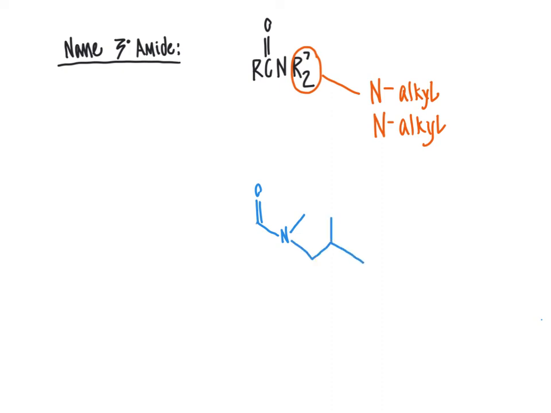Once I get this drawn out, I encourage you to hit the pause button and give this a try on your own, and then hit play to see whether you got to the right answer or not. So I'm drawing out this complete structure here. In this structure, we'll find our longest carbon chain to come up with the parent name for this molecule, remembering that the parent name is determined by starting at the carbonyl group of our amide.